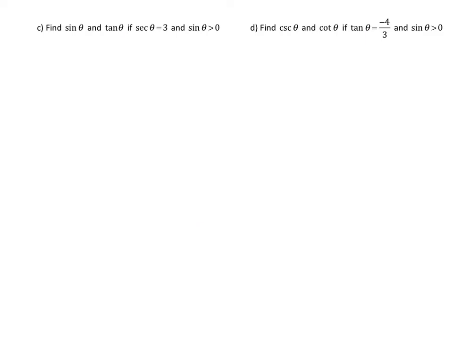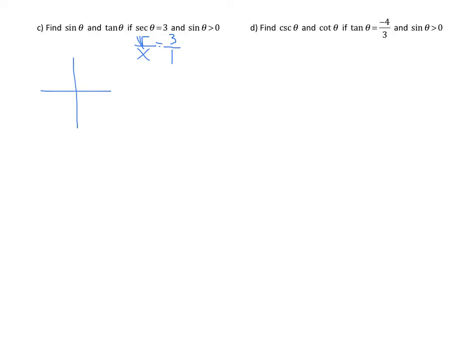And here are two more examples. So for this part C, we want sine theta and tangent theta. Secant theta is 3. We want this to be a fraction, so remember secant is r over x, so we want that to be 3 over 1.